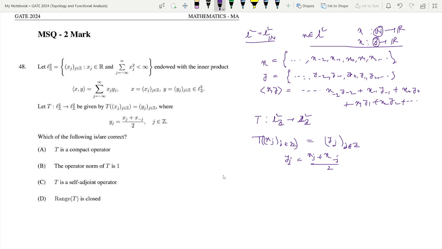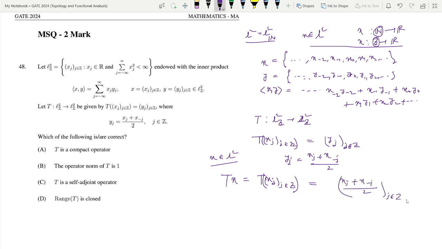See first, if we take arbitrary x belongs to ℓ², then this Tx equal to T(xj), j belongs to Z, and this is defined in this way, that yj, and yj is actually xj plus x_{-j} by 2.